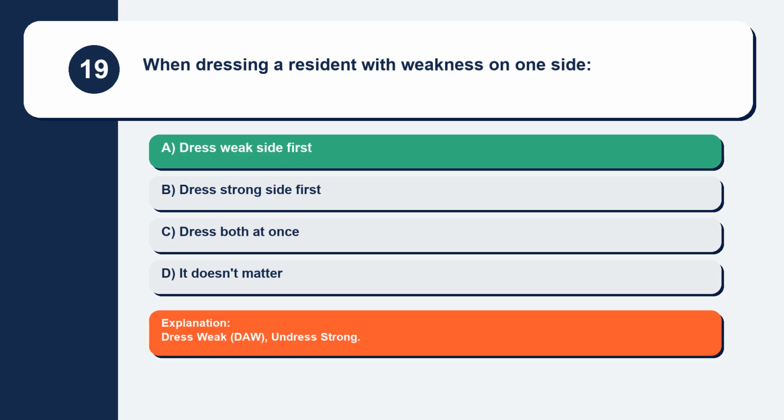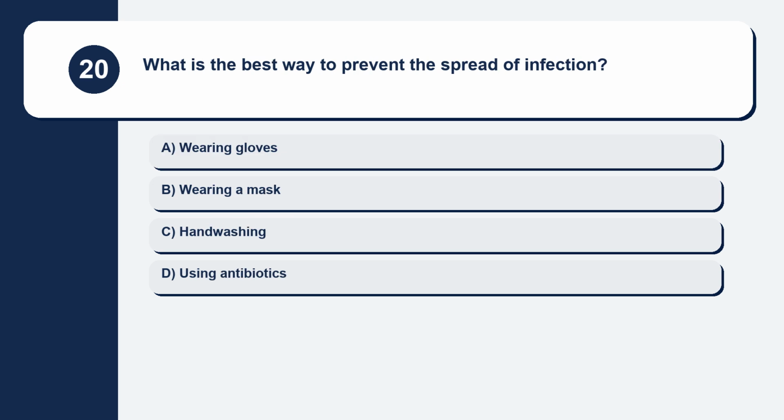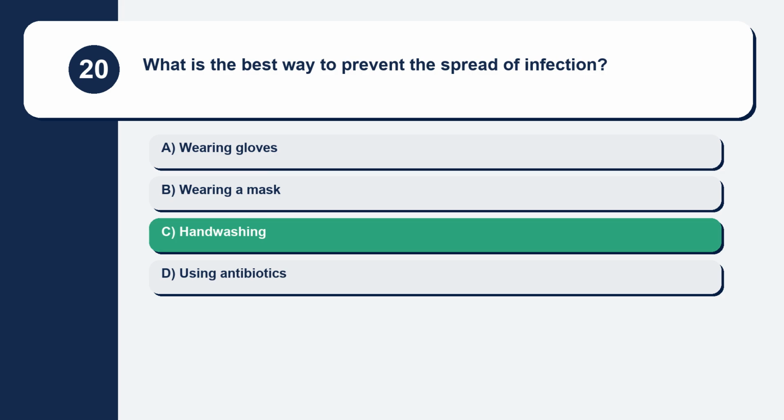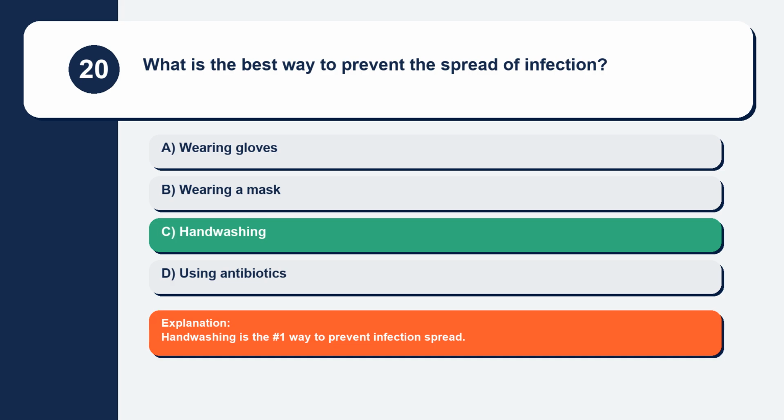Dress weak first, then dress strong. Question 20. What is the best way to prevent the spread of infection? Wearing gloves, wearing a mask, hand washing, using antibiotics. Hand washing is the number one way to prevent infection spread.